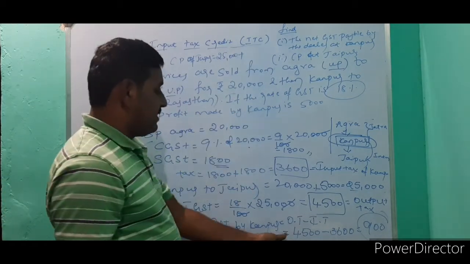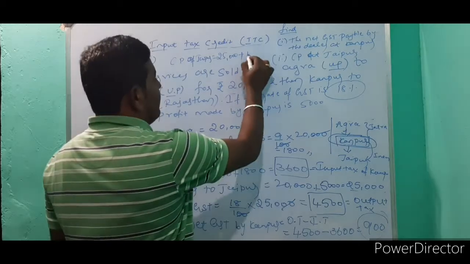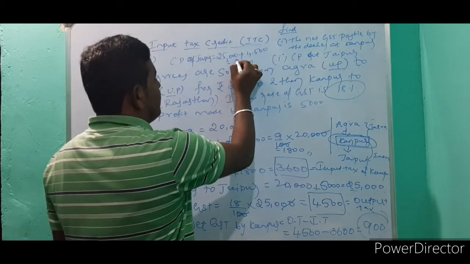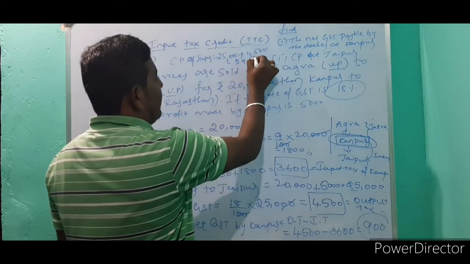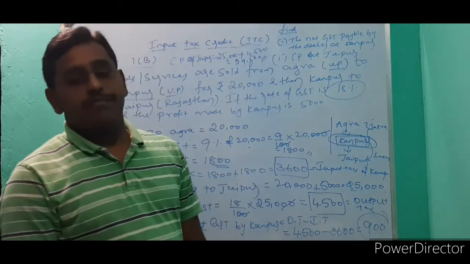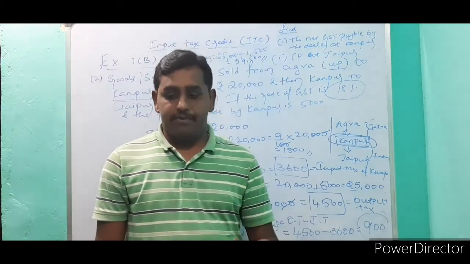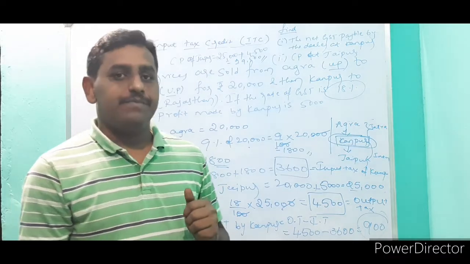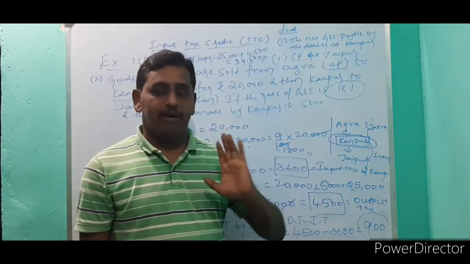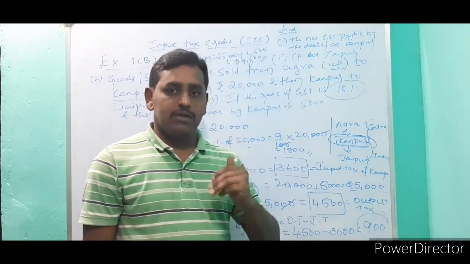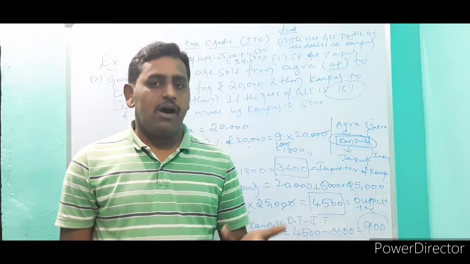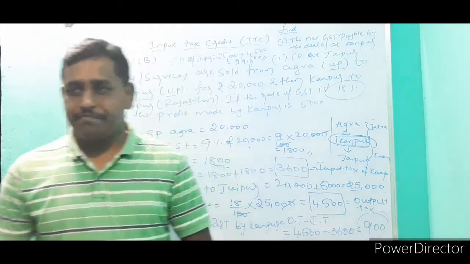What is the GST we are getting here? 4,500. If we add these two, 29,500 is the cost price of the Jaipur. So I hope you understand what I am teaching now. So if you are hearing out, you can ask the questions.